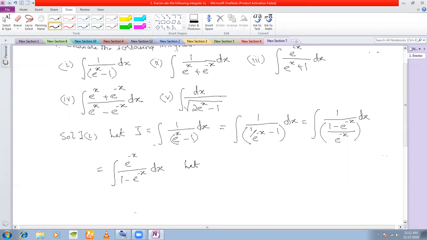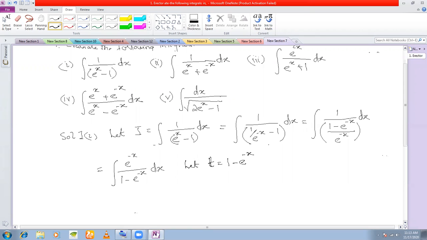So I say let t is equal to 1 minus e to the power of minus x. I put the denominator equal to t. Why did I put the denominator equal to t? What I notice here is that if I put the denominator equal to t and then differentiate it, I will get the numerator.